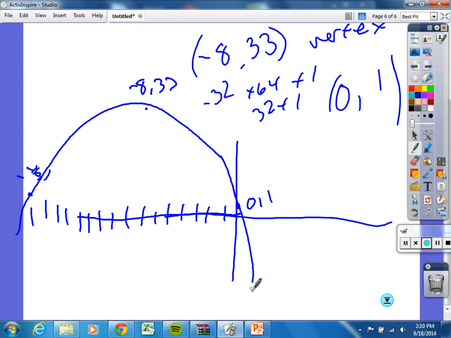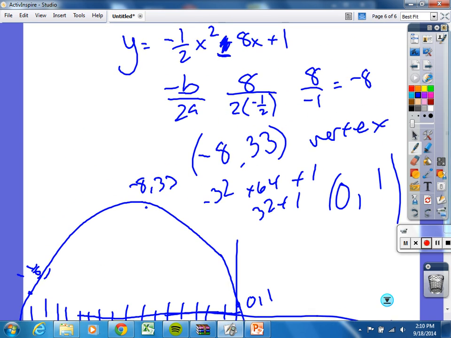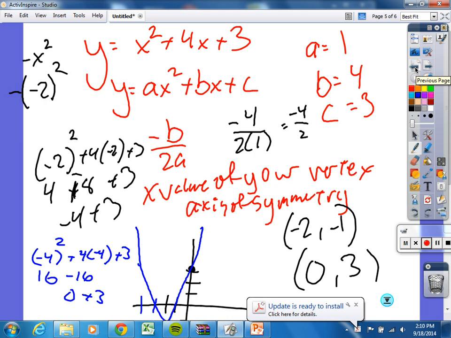Okay, I have something to let you know. Notice this graph is a max graph, right? The previous graph was a low point. Hold on, don't put them away. I got one more thing to put on there. Now, what was the a value of this equation? Negative a half, right? What was the a value in the previous equation? 1. If your a value is positive, write this down. If your a value is positive, you're going to have a min graph, or a low point.